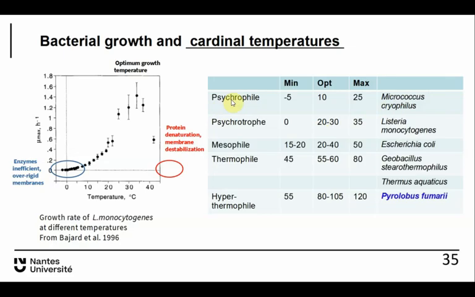Psychrophilic bacteria really prefer to grow at low temperatures, with an optimum at 10 degrees, and can't grow anymore at temperatures higher than 25. Some of them can still grow at temperatures under 0. Seawater, for example, might not be frozen at -1 degrees, and some bacteria can still grow. The bacteria that grow in the Arctic or the Antarctic will be psychrophilic. Bacteria that grow in hot springs will be adapted to the temperature of the water around them.